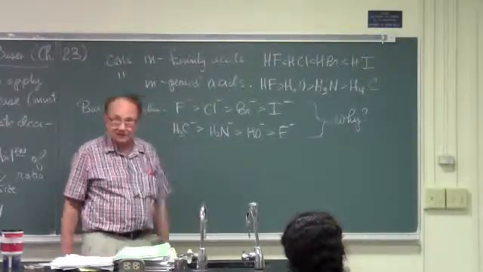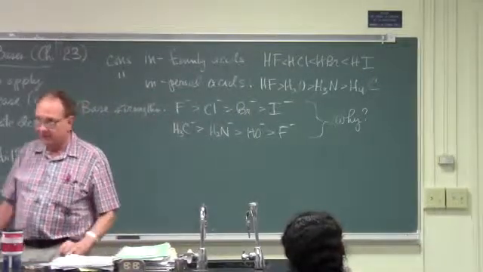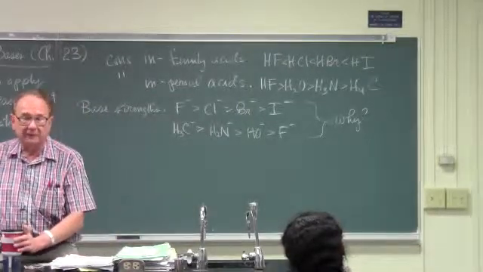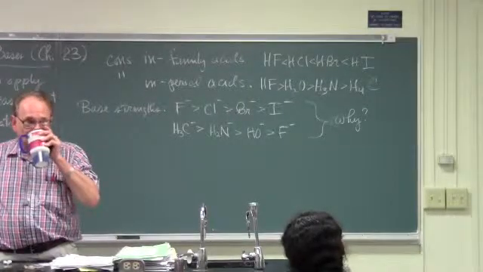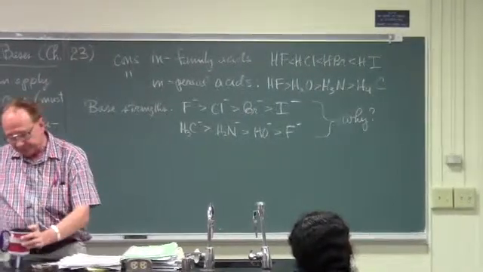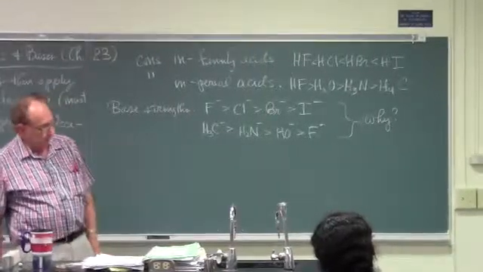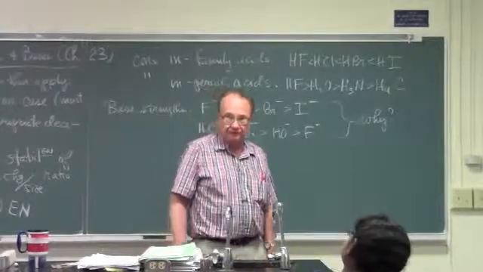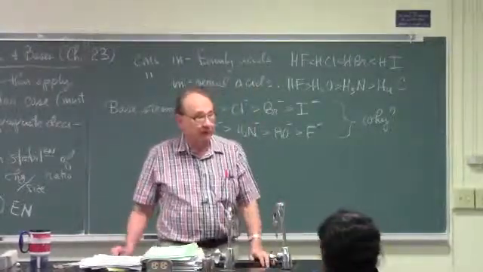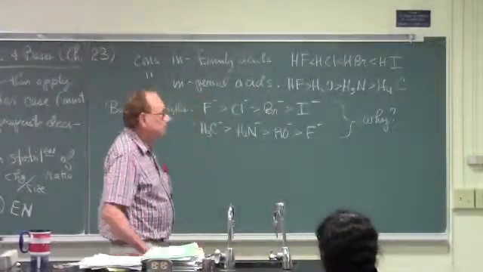So now we ask the $64 question. Why? What rationale can we apply to explain this pattern of base strengths? Well, the size considerations which we made at the start of chapter 23, which I did to serve this purpose really, showed us.